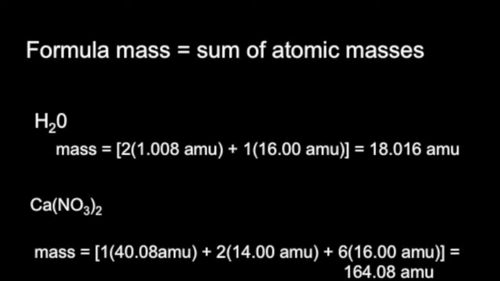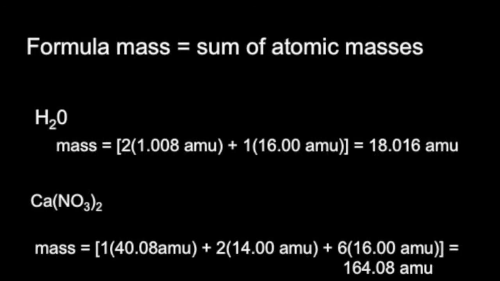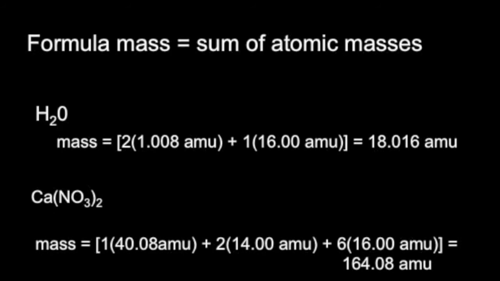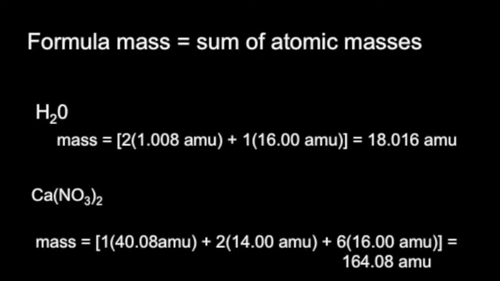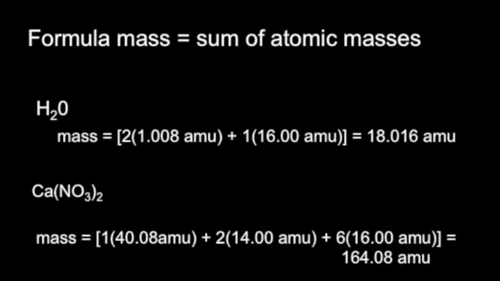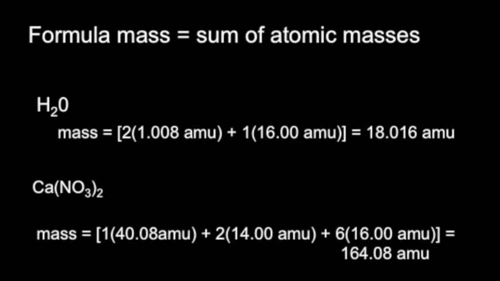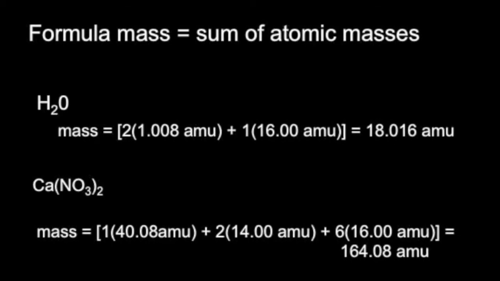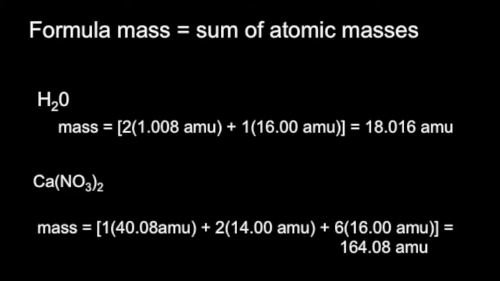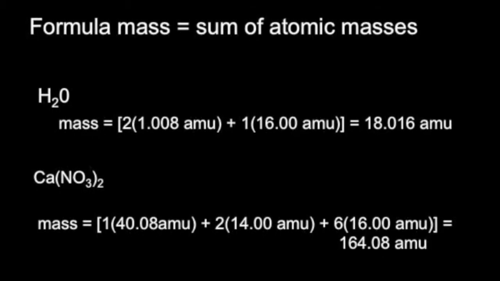Each nitrate has 3 oxygens, but there are 2 total nitrates, so a total of 6 oxygens. We take 6 times 16.00 AMUs, for a grand total formula mass of calcium nitrate of 164.08. So we take these formulas, either covalent or ionic, figure out how many atoms there are, take that number of atoms times their masses, and add all those together to get the formula mass.